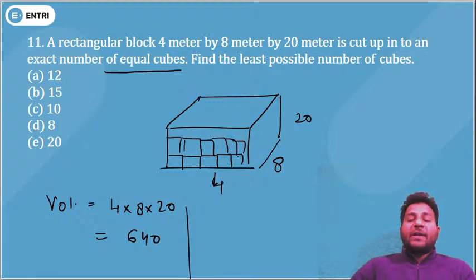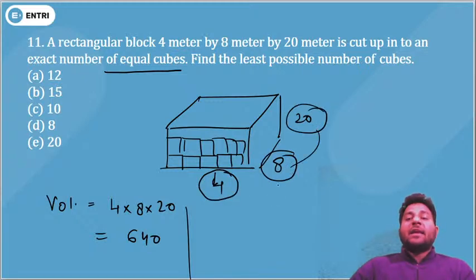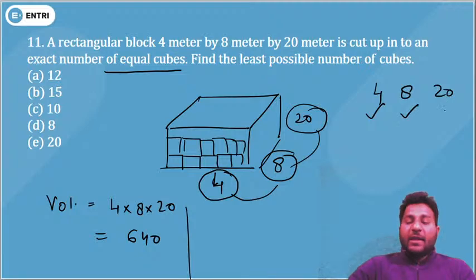we are thinking like a cuboid, but it's not a cuboid, it's a cube whose sides are equal to each other, which means the common part of all the sides will be taken care of. So let's take the HCF of 4 meter, 8 meter and 20 meter, which means it will be 4. Guys, listen to me very carefully. We have to keep in mind that we are putting cubes in it.